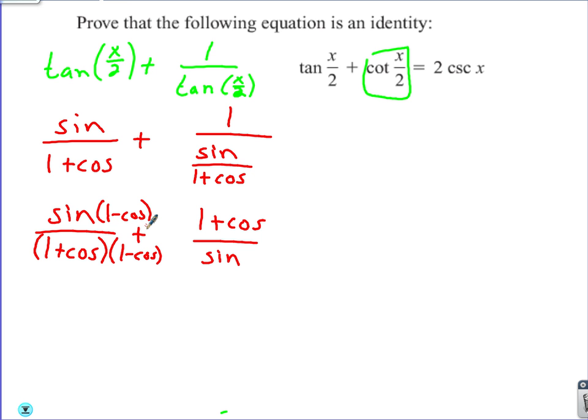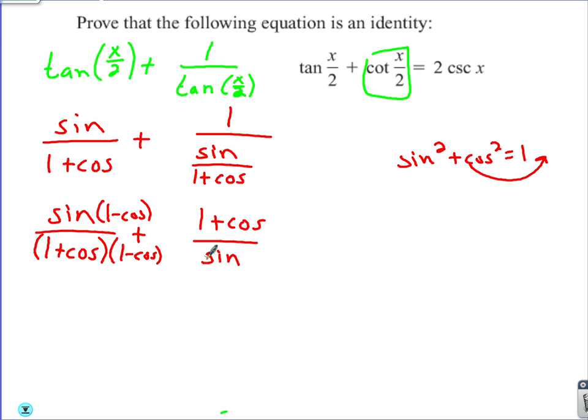Sine squared. If you take your Pythagorean identity, sine squared plus cosine squared is equal to 1. 1 plus cosine, 1 minus cosine, again, multiply to give you 1 minus cosine squared. When you move over cosine squared, 1 minus cosine squared is sine squared. Could I turn this into a sine squared? Sure, multiply top and bottom by sine.